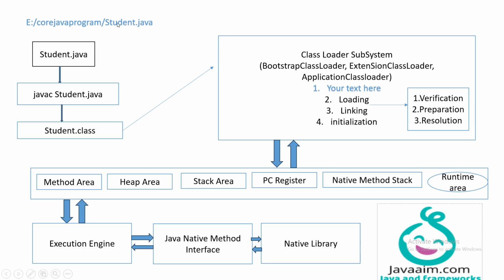When we are going to compile a Java file, if we are using an integrated development environment like Eclipse or IntelliJ IDEA, the story is different. When we are manually compiling a .java file, we have to use the command javac. javac represents the Java compiler. javac student.java.